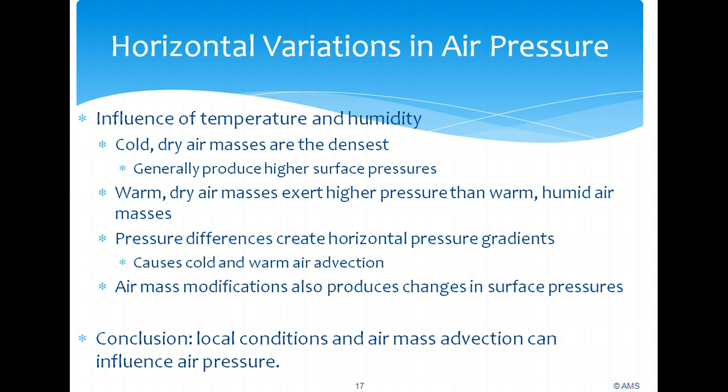The strongest advection occurs when the winds are oriented perpendicularly, that is 90 degrees, relative to the isolines that we're looking at. No advection occurs if the winds are parallel to those lines. So our conclusion is that local conditions and air mass advection can really have an influence on air pressure, and we need to keep that in mind, especially in terms of horizontal variations in air pressure.